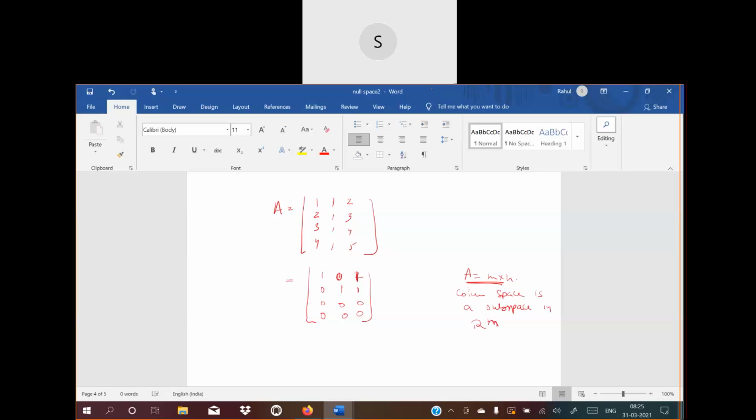What I told you last time is that the dimension of the column space is the number of pivots. So what is the number of pivots here? 2. And these two are linearly independent. Therefore the dimension of the column space is 2.